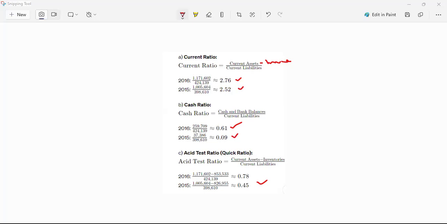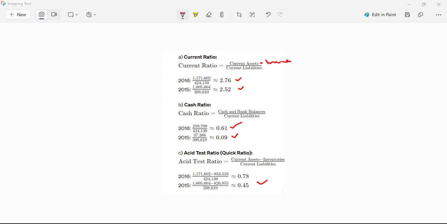Exactly. The cash ratio generally must be above 0.2. Even the current ratio, the ideal is that for every 2 assets, you must have 1 liability. And the quick ratio is 1:1. So at least you should have these benchmarks in your head.